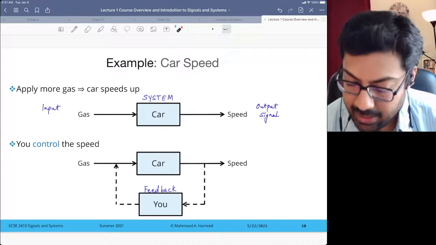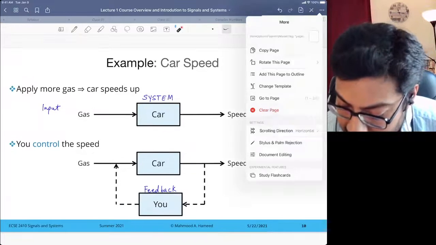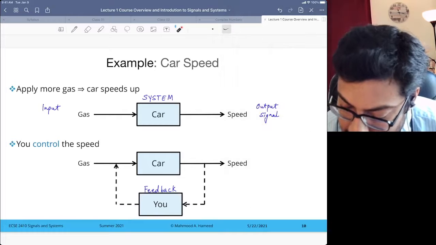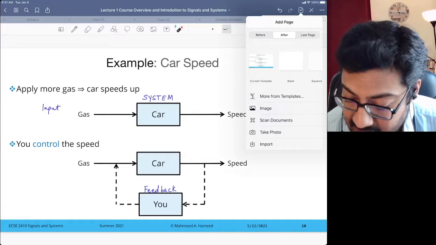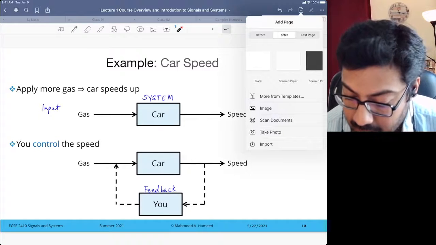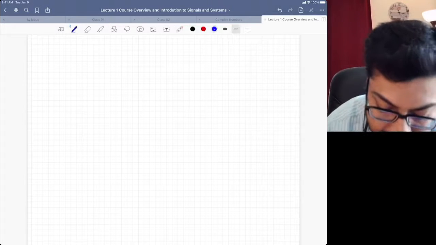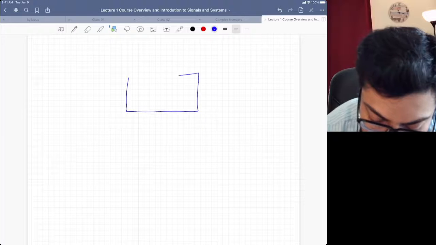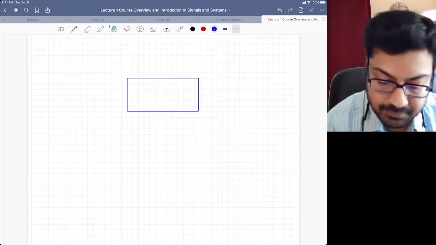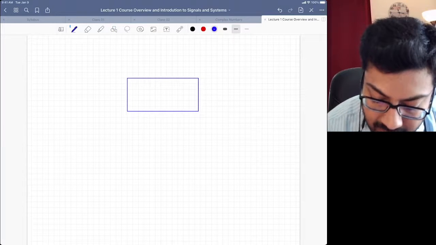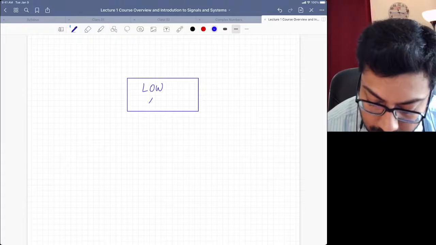Now, let's think about something else. I'm going to add a slide here and show you guys that you can really think about signals and systems in various other aspects. So let's say we have a room here, and the room I'll take is Lowe 4050.